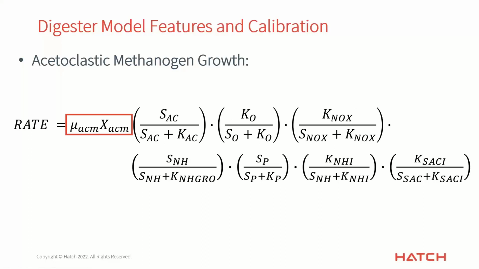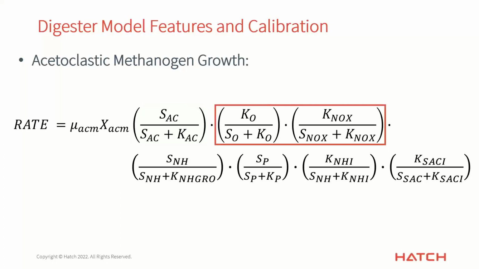Just very quickly, to explain what those are: we have to have some acetate present. We have to have some fermented COD present in order for things to go forward. We have inhibition terms for oxygen and NOx. This is the part of the equation that makes sure it only goes forward if it's anaerobic, so we need the absence of oxygen and the absence of nitrite and nitrate.